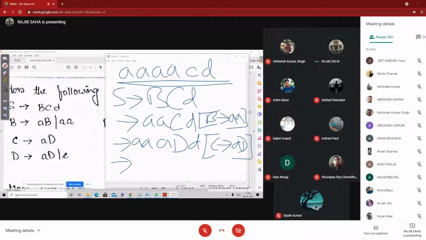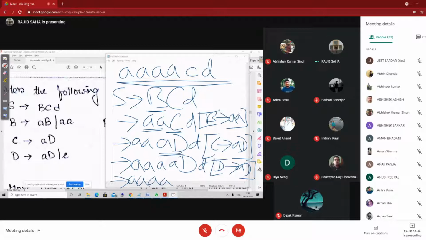Then this C we have replaced by AD, and this B we have replaced by AA, and then again D tends to AD here, and in the last step the capital D will be replaced by small c, so we have got capital D tends to small c. So these are the production rules we have applied here.